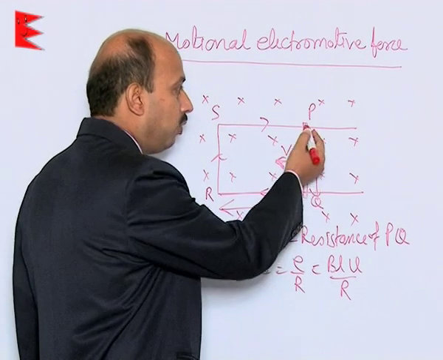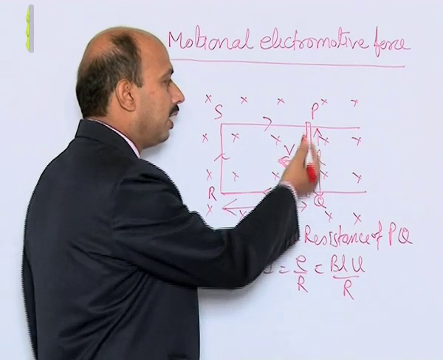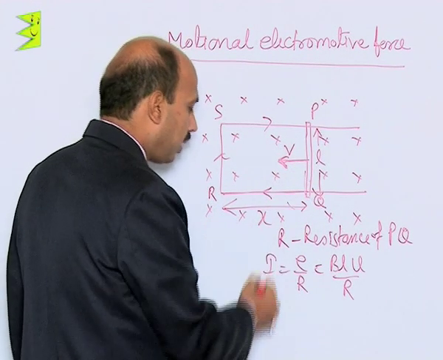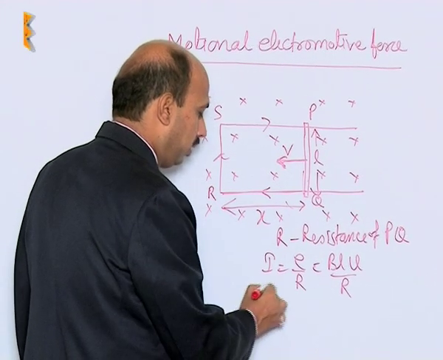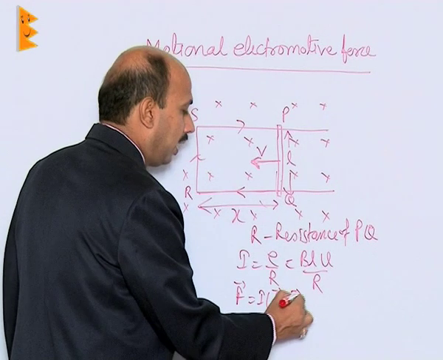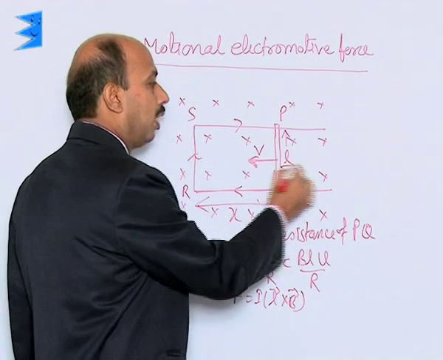Now, when current is flowing through the rod PQ, it experiences a magnetic force also, because this current carrying rod is in the magnetic field. So, we can write the magnetic force as I into L cross B, and this magnetic force will be acting outward to this side.